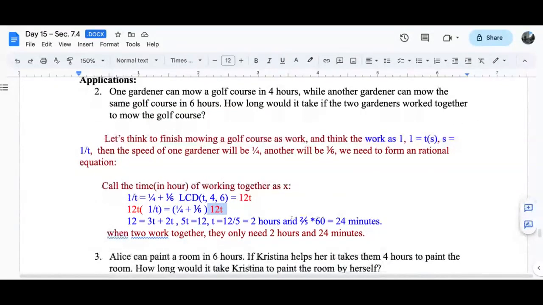So we don't have to deal with the denominators anymore. But once we have solutions, we have to go back and check to see if the solution is a true solution or an extraneous solution. For applications, this is a typical problem, talking about work done, speed and time.